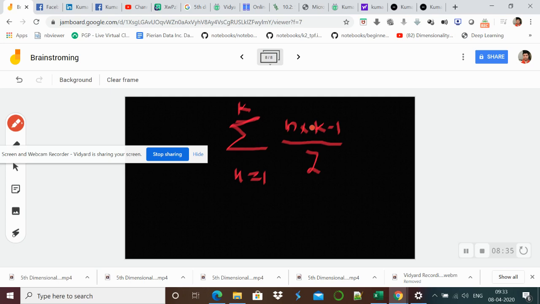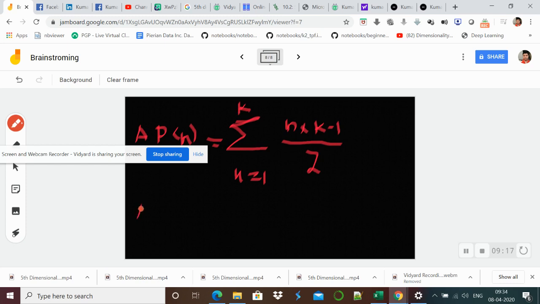Suppose I have an nth dimension like a cube. So the AP, arithmetic progression, of the nth dimension equals, where n is represented from 1 to k. I can take k to be anything, even infinite.